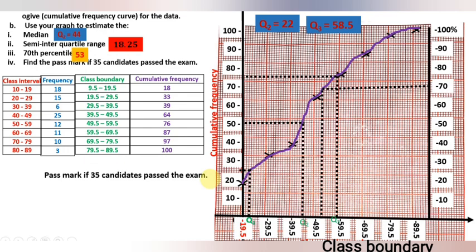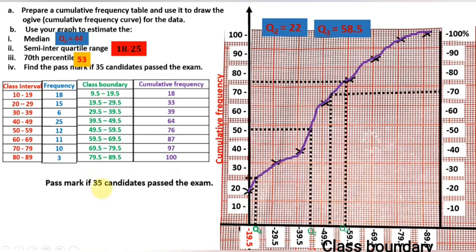Okay, to find the pass mark, if 35 candidates pass the exam, then 100 minus 35 must have failed the exam. So the number of students that failed the exam is 100 minus 35, which is equal to 65. So locate 65 on this axis again, then draw a line from here to touch the curve.